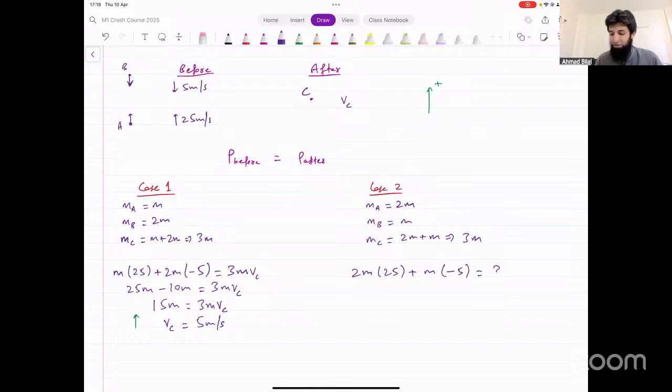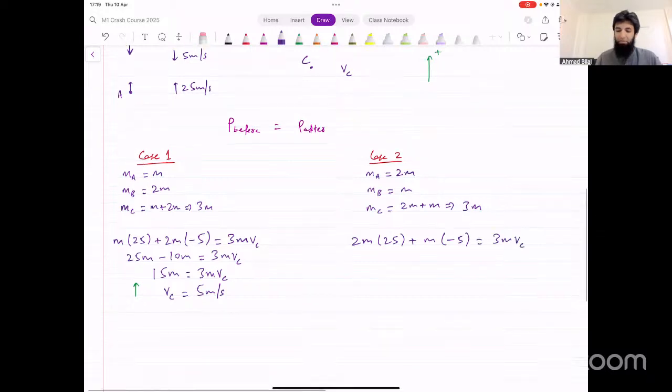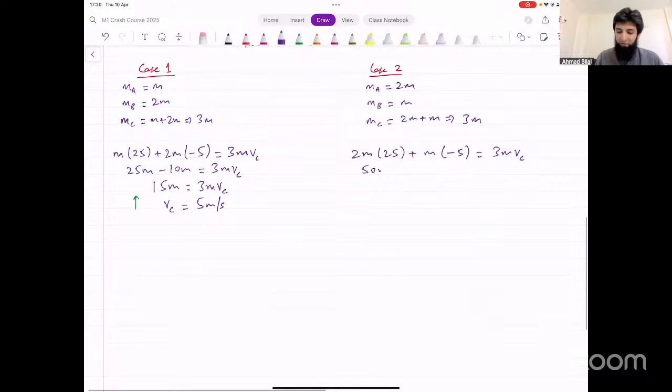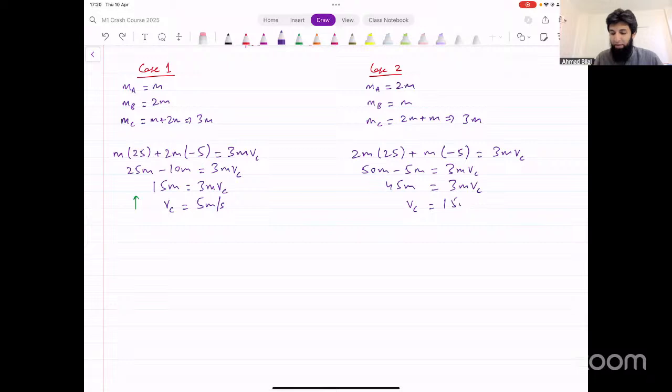That equals 3M into VC. Let's solve this now. 50M minus 5M equals 3M VC, and 45M equals 3M VC. The value of VC here turns out to be 15 meters per second. Again, it's also a positive value. That means the combined particle in the second case is also moving in the upwards direction.